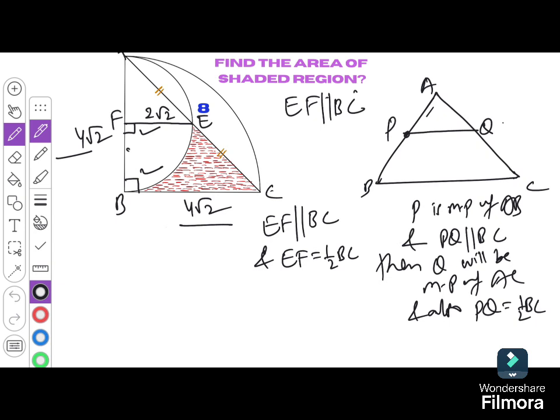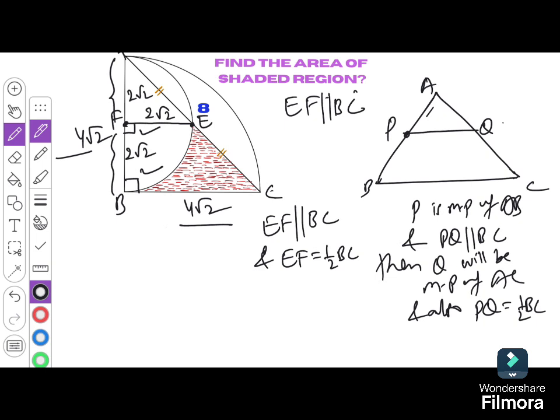Now you see, this will be also 2 root 2 and this will be also 2 root 2, this length and this length. Now according to the converse of midpoint theorem, E is the midpoint of AC, and F also becomes midpoint of AB.